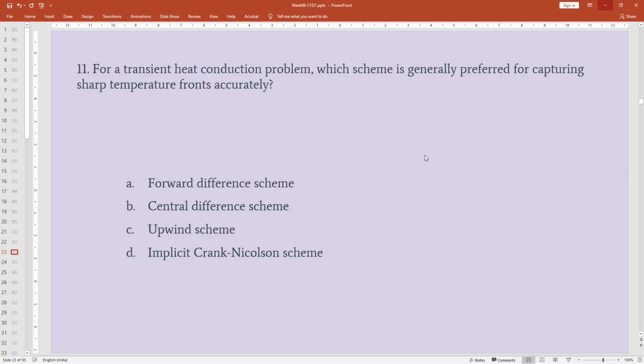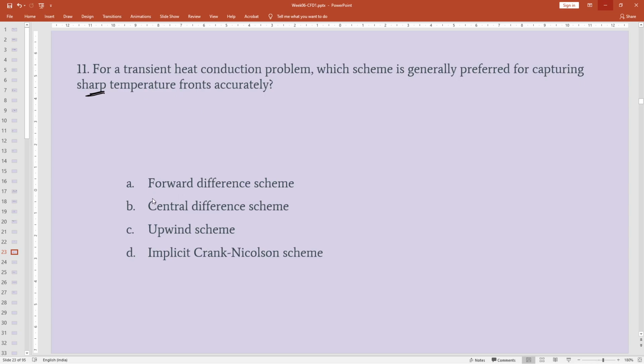Next question. For a transient heat conduction problem, which scheme is generally preferred for capturing sharp temperature fronts accurately? So the question is, for a transient heat conduction problem, that is, it is not a steady state problem, it is varying with respect to time. So which scheme is preferred for capturing sharp temperature gradients or sharp temperature fronts accurately?